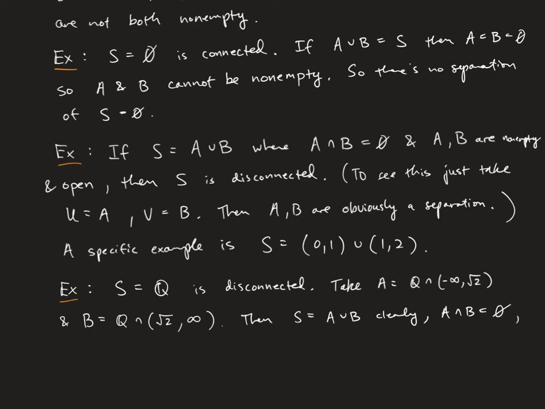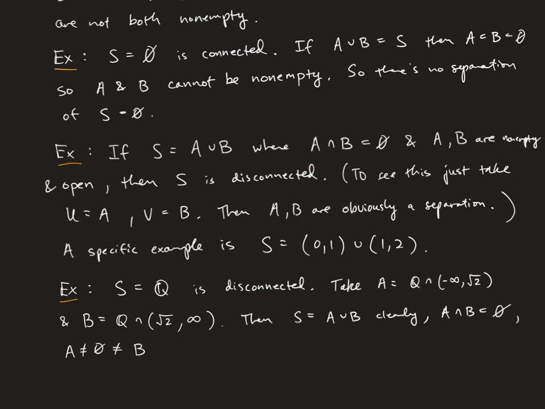So we have the union here. They are disjoint. They're non-empty: A is not equal to the empty set, and B is not equal to the empty set. And these sets come from open sets, right?